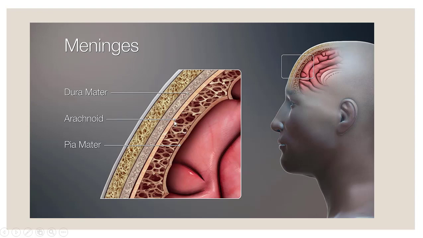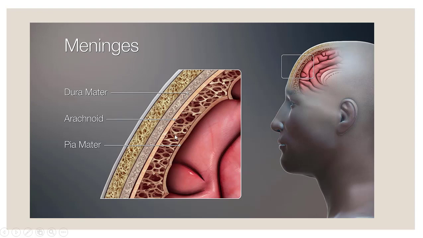These three membranes: the first one, on the inside, is called the pia mater. The next layer is called the arachnoid. On the outer side of the brain, the last membrane is called the dura mater.